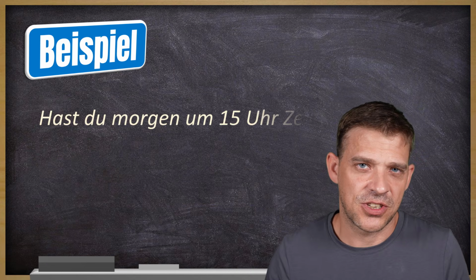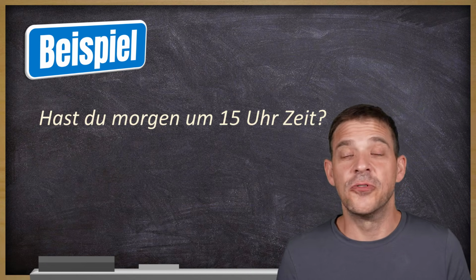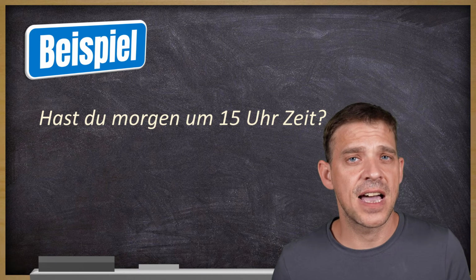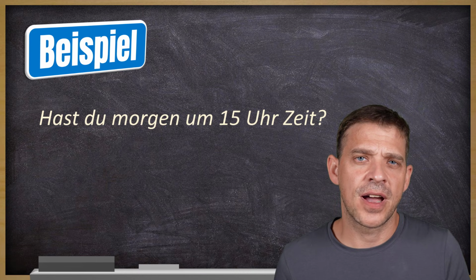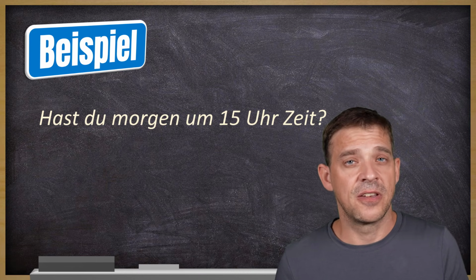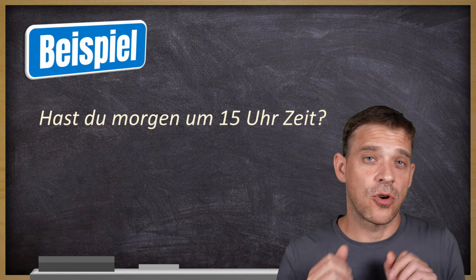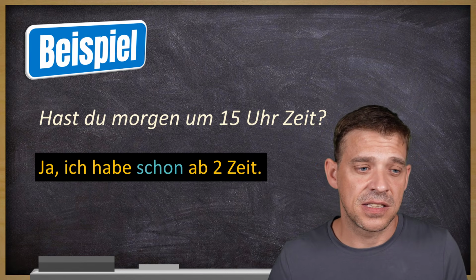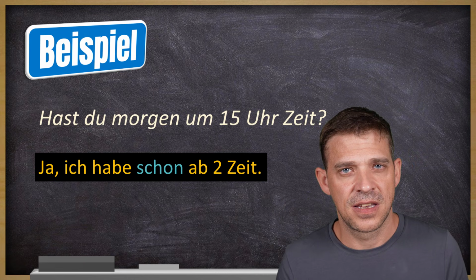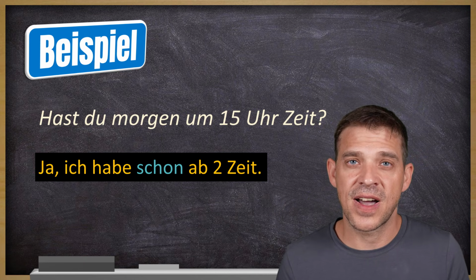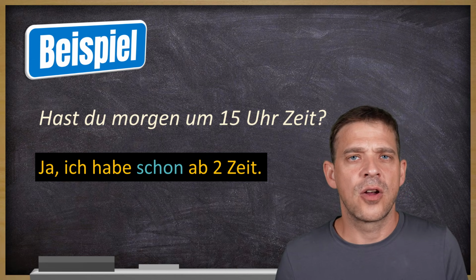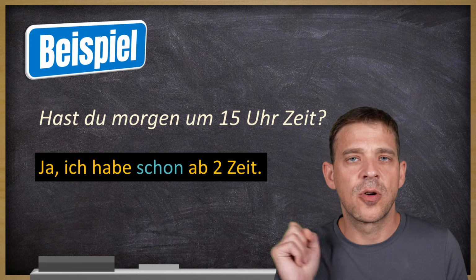What about this question? Hast du morgen 15 Uhr Zeit? Somebody asks you, do you have time tomorrow at 3 p.m.? If you probably have time before that already, you could say something like this: Ja, ich habe schon ab 2 Zeit. I already have time starting from 2.